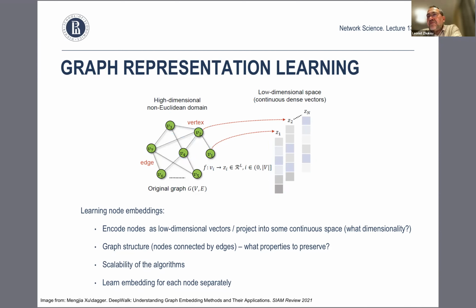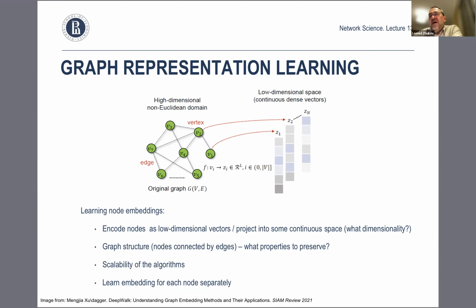And so the questions that we have to answer are, first of all, what properties of the graph structure would we like to preserve when we create this type of mapping? Then what kind of dimensionality should we use? Vectors can be 2-dimensional to draw things, or 3-dimensional, but for large graphs you probably want much higher dimension. And then of course we want to make sure those algorithms are scalable, so we can actually compute them for large graphs.